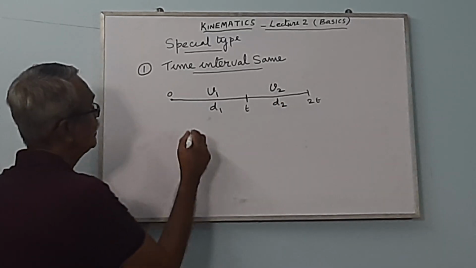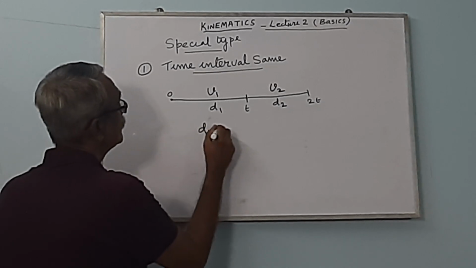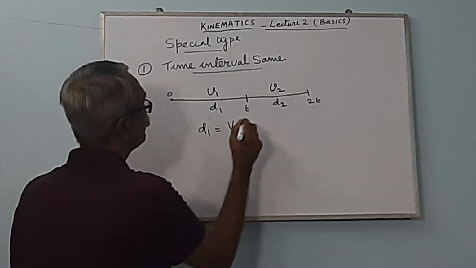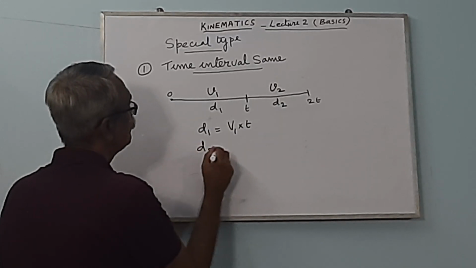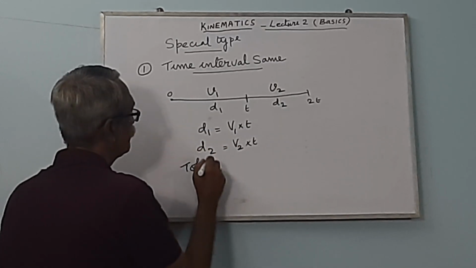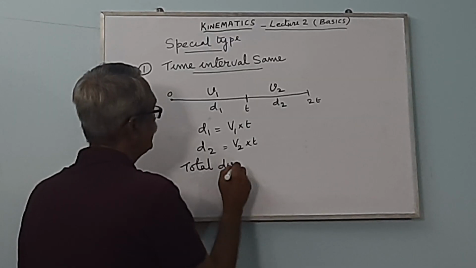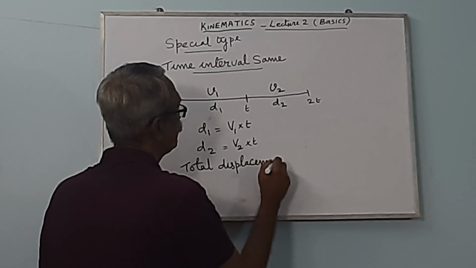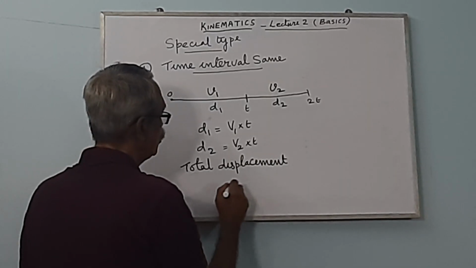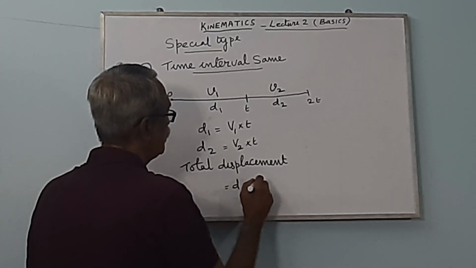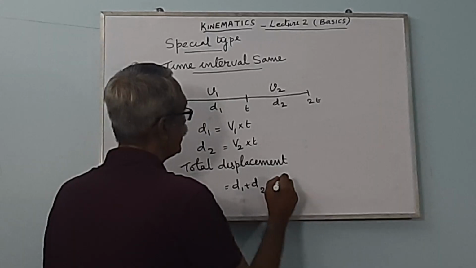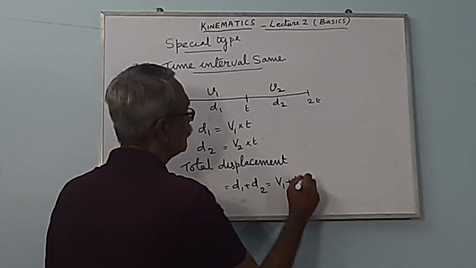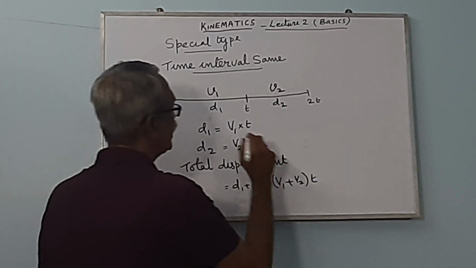You can see that d1 is equal to v1 multiplied by t. d2 is equal to v2 multiplied by t. Total displacement is equal to d1 plus d2, which is v1 plus v2 multiplied by t. We have taken t as a common factor.